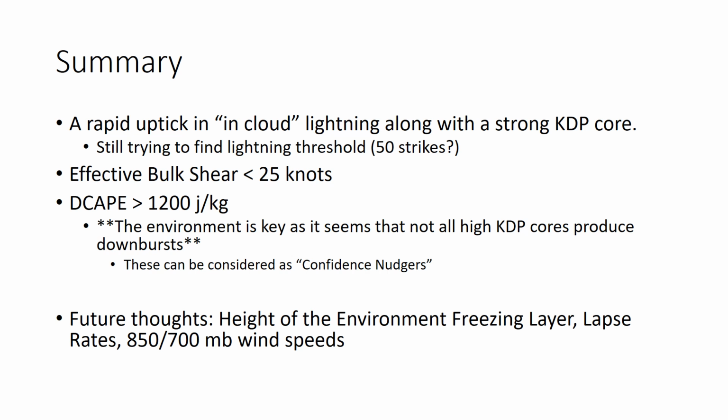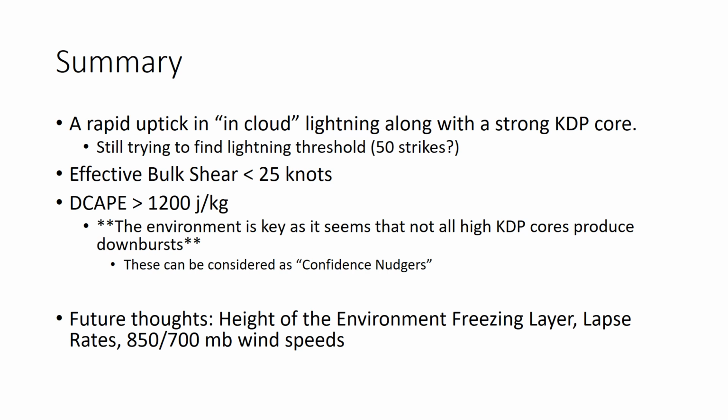So the main thing to perhaps take away from this entire presentation is that the environment may be the key, as it seems that not all high KDP cores produce downbursts. KDP is another way to identify which portion of the cell has very heavy rainfall or lots of hail.